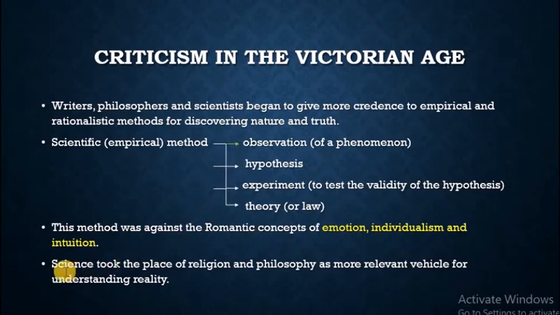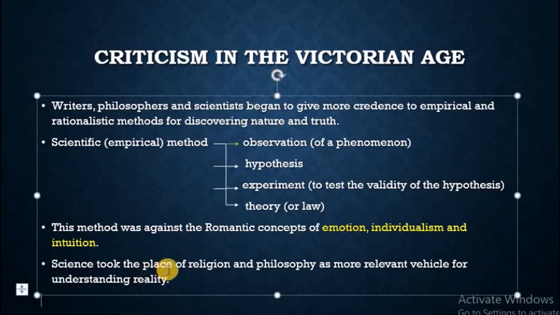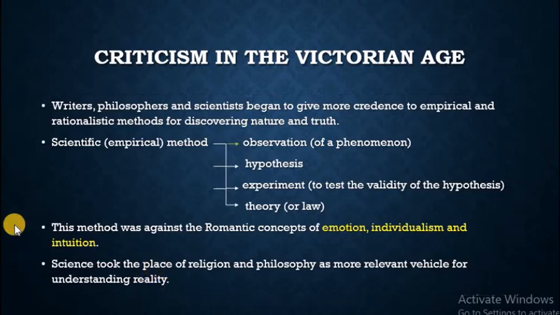Okay, so science took the place of religion and philosophy as more what? Relevant vehicle for understanding reality. It is more relevant, it is practical, it is empirical, it is based on facts, experiments, observations.